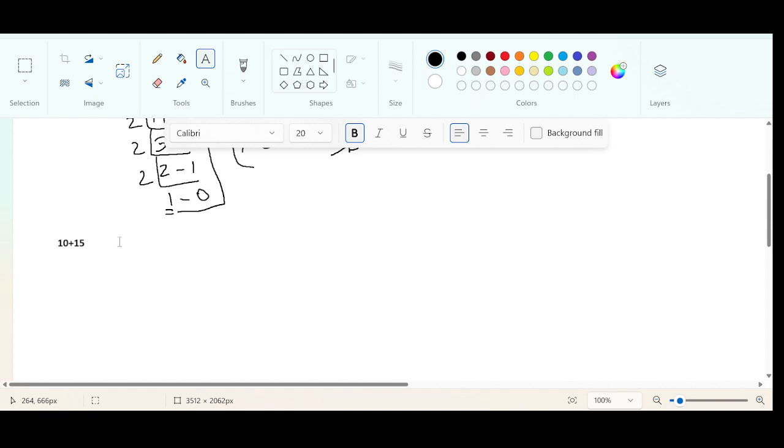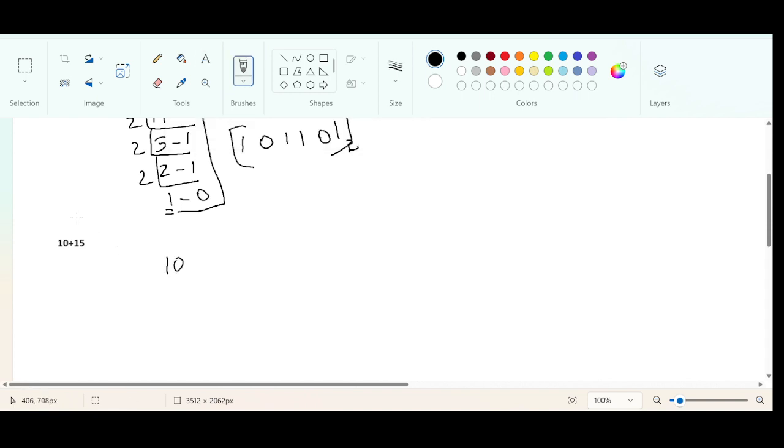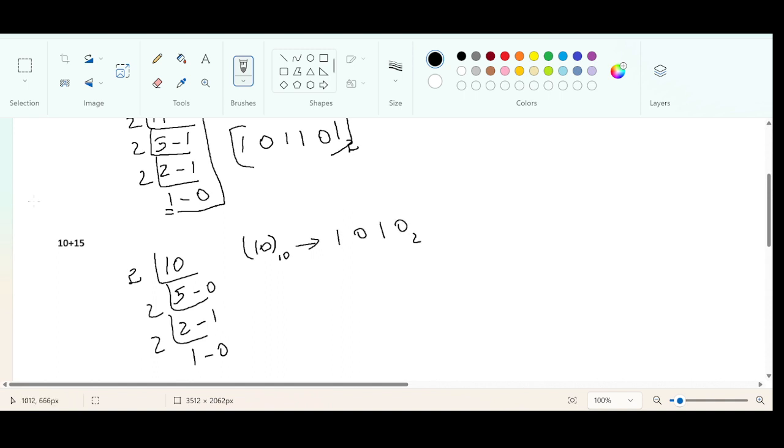So first, this 10 will be converted to a binary number. You keep dividing it by 2. I am assuming that you know this conversion. 2 5s are 10, remainder 0. 2 2s are 4, remainder 1. 2 1s are 2, remainder 0. So the decimal number 10 in binary is 1 0 1 0 base 2.